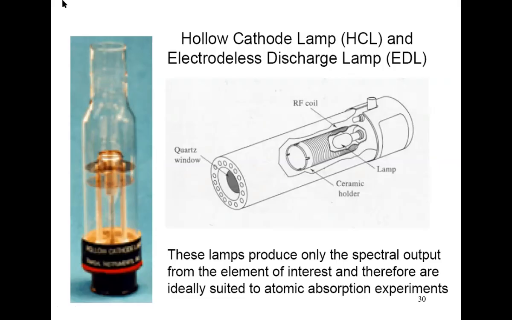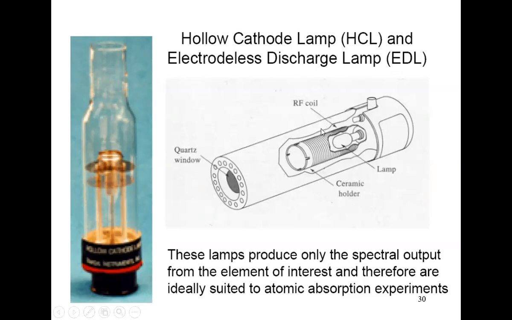The difference, you notice here, there's a quartz window here. There is an RF coil. What is RF? Radio frequency. And that's a radio frequency there. So it's going to generate the frequency there.